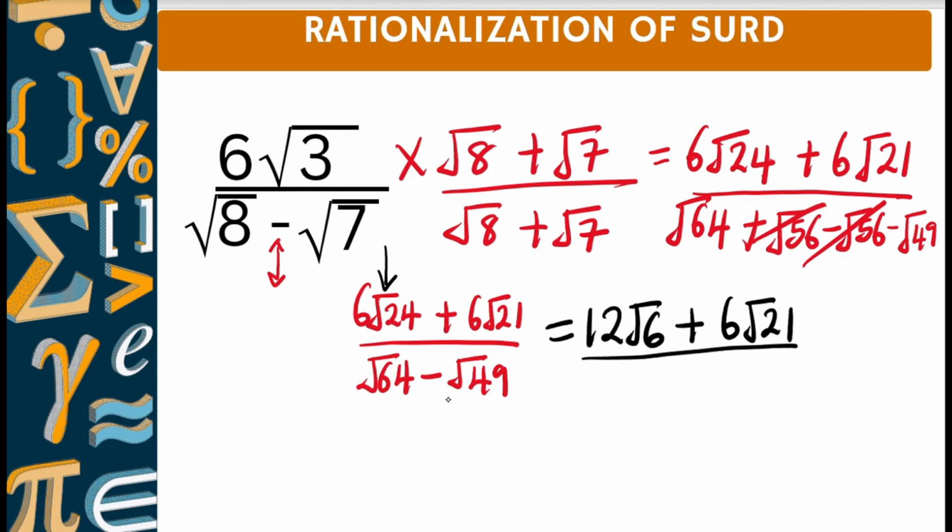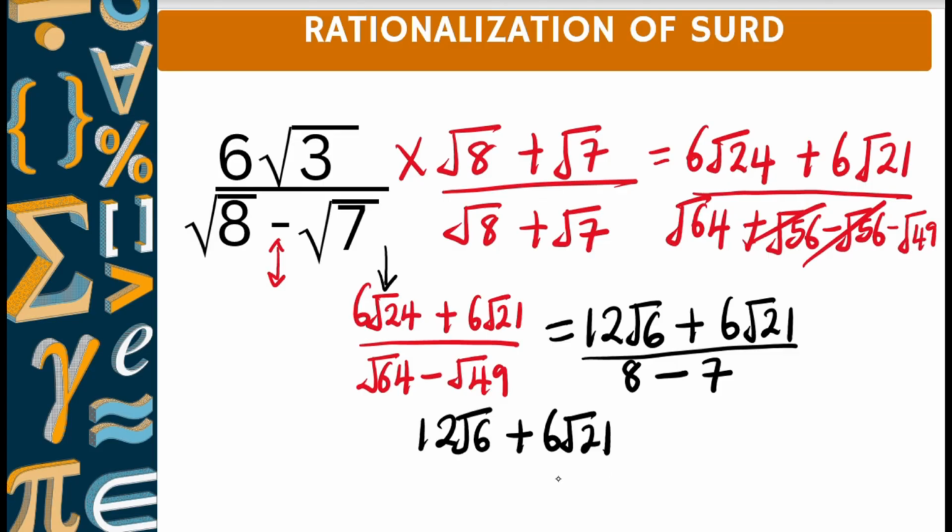And then down here, I'll have root 64 to be 8, minus root 49 would be 7. Therefore, this will leave me with 12 root 6 plus 6 root 21 all over 8 minus 7, which is 1. So this would be the answer, because anything divided by 1 is still that number.